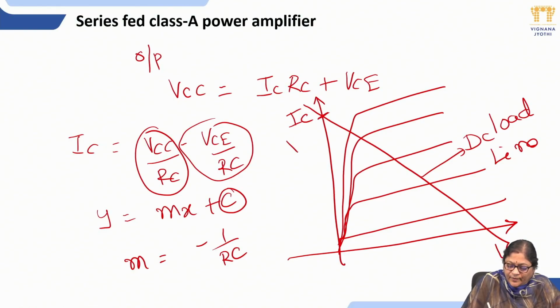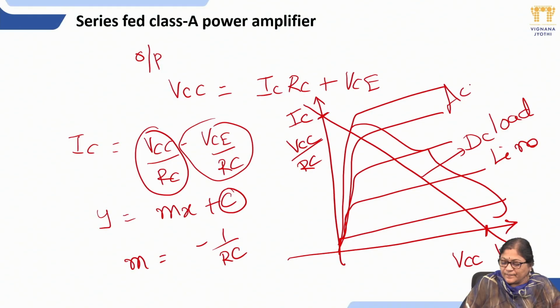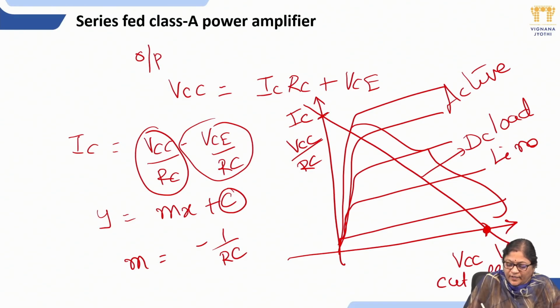So finally I am pointing out this is VCC by RC. This final point is VCC, and the portion here is the active portion, and this point we call cutoff. This point we are calling saturation.